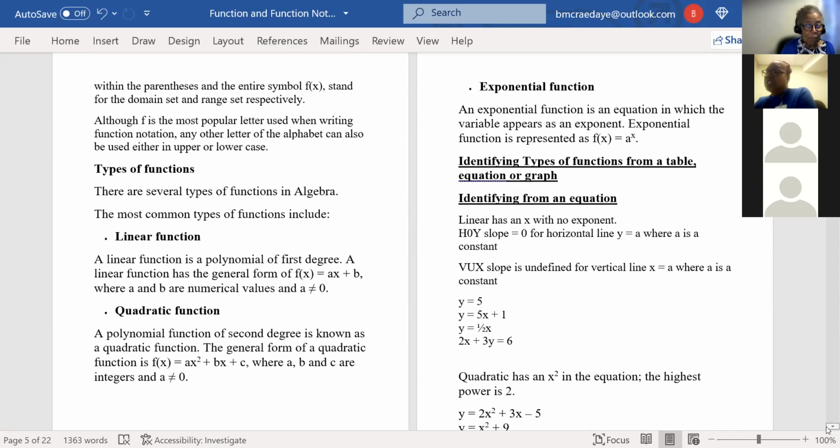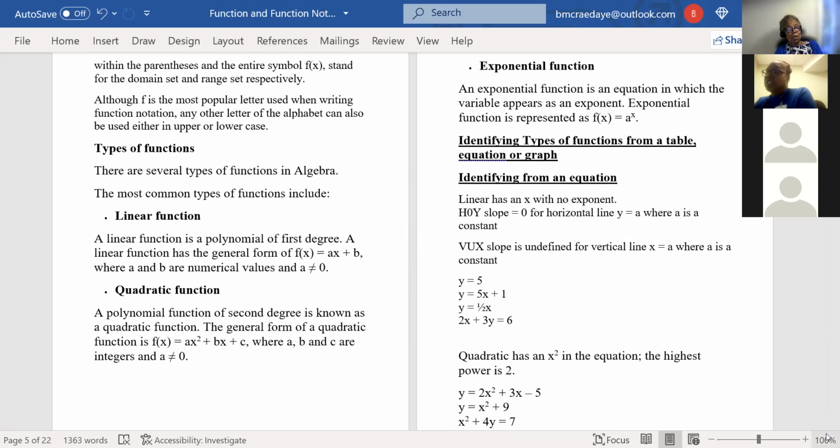Linear functions are polynomial with degree 1, all right? Quadratic functions have second degree. In other words, whenever you see a square on something, you're talking quadratics, right?